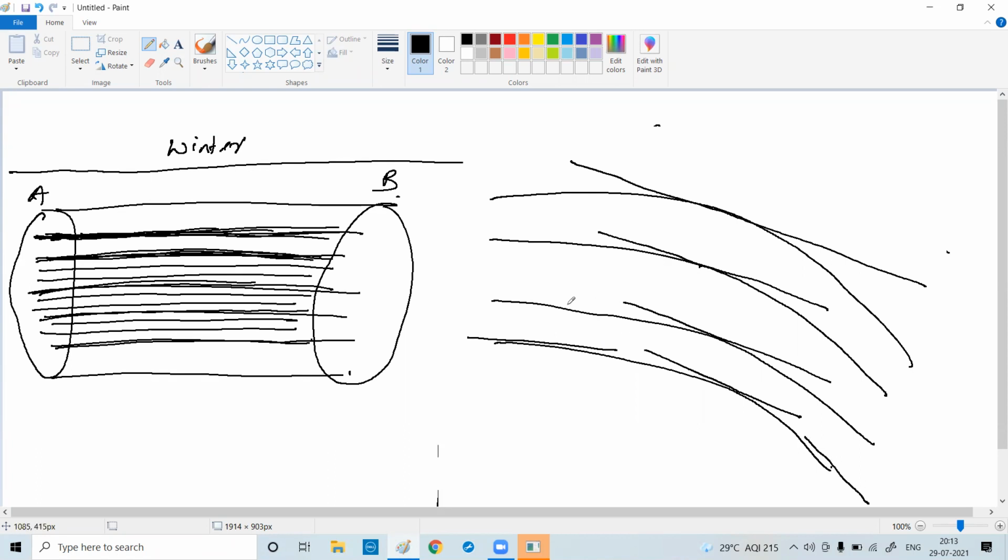At this point the tangent will be like this, at this point something like this. You agree with me? The tangent to the flow line is called the streamline.